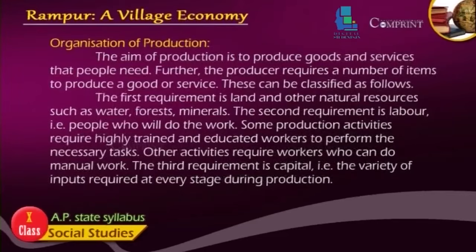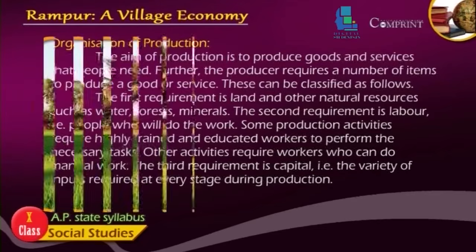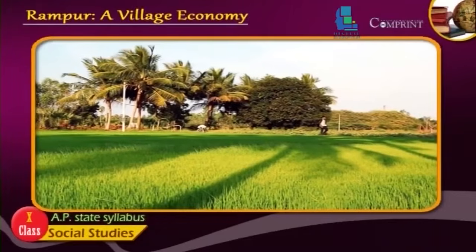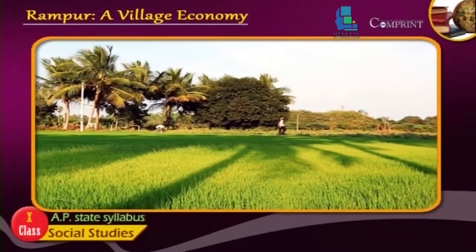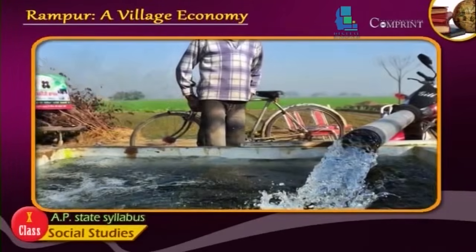Organization of production. The aim of production is to produce goods and services that people need. Further, the producers require a number of items to produce a good or service. These can be classified as follows. The first requirement is land and other natural resources such as water, forest, minerals.